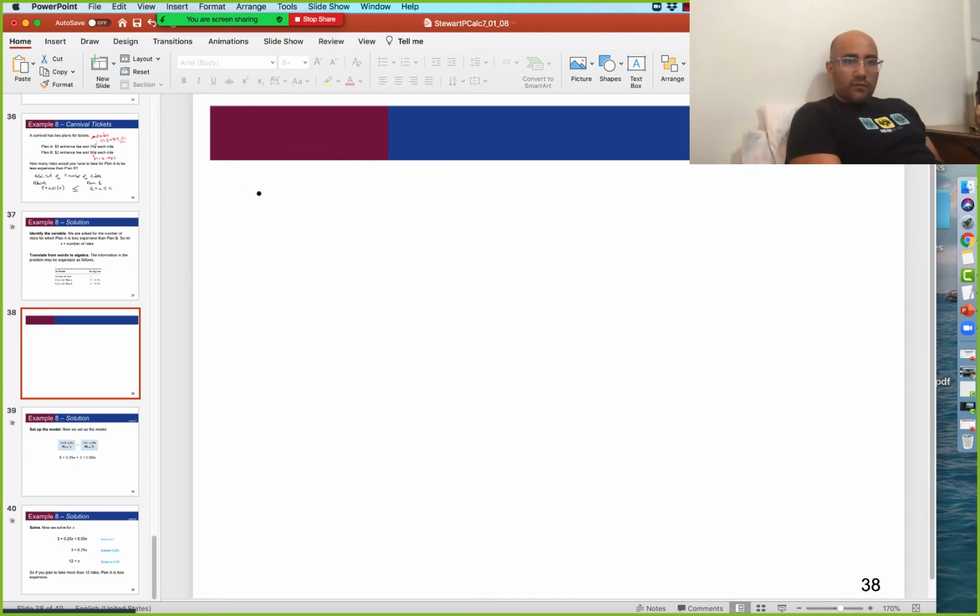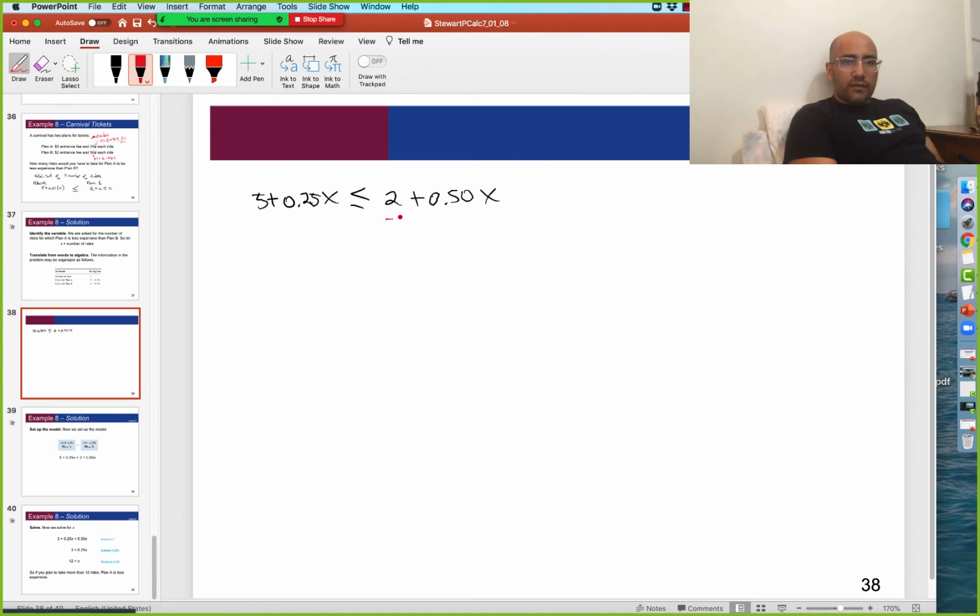So 5 plus 0.25x less than or equal to 2 plus 0.50x. Okay, so let's simplify these. Luckily, they're linear. So let's subtract 2, subtract 2. Adding or subtracting does not change the direction of the inequality, so that'll be 3 plus 0.25x is less than or equal to 0.50x.